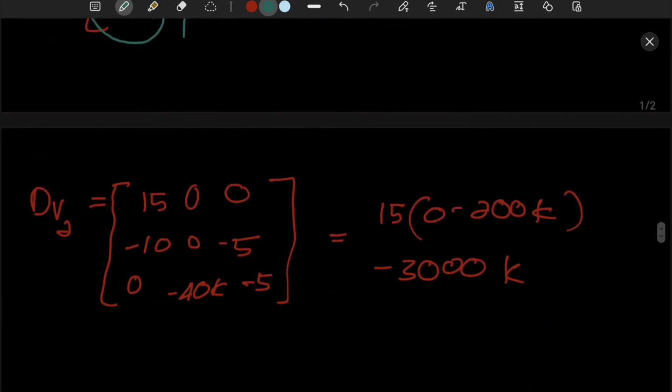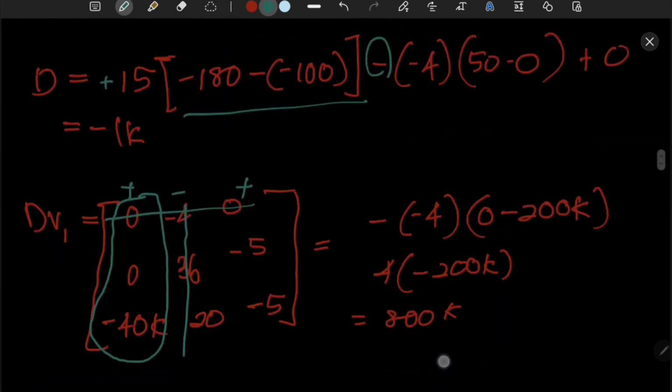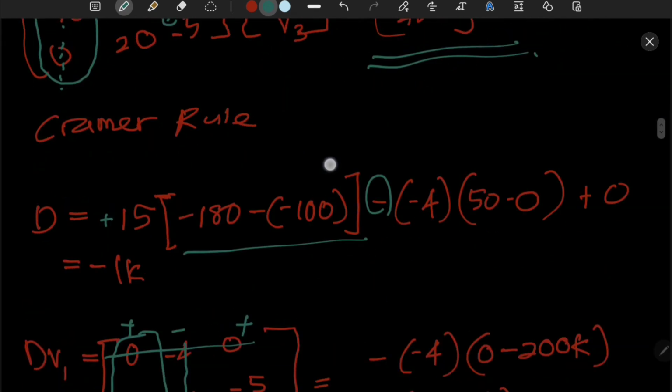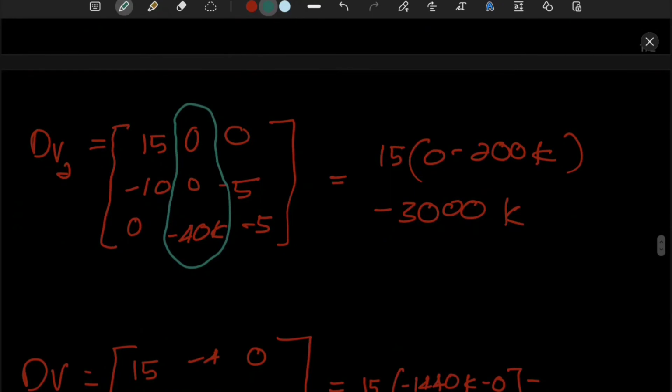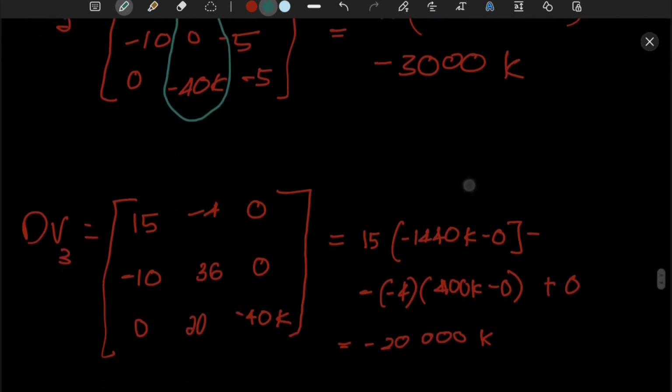We do the same for dV2, where we substitute this row with this row to calculate the determinant for V2. We calculate as before, and we got negative 3000K.